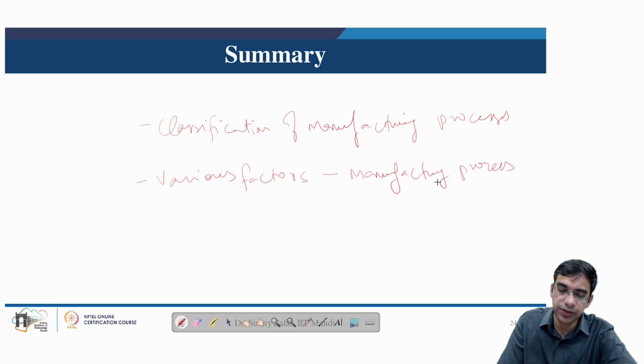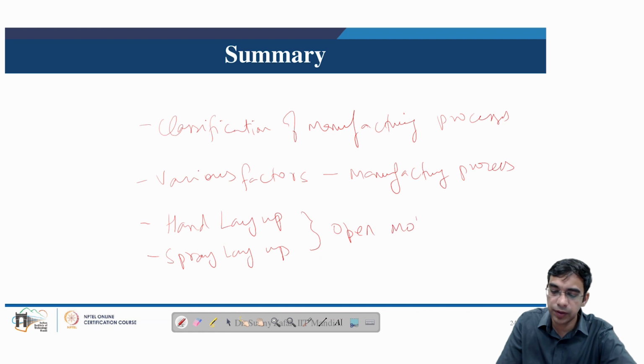So the selection of the manufacturing process depends on these factors. And then we have seen in detail the hand layup process and the spray layup process, which are basically the processes in open mold manufacturing.